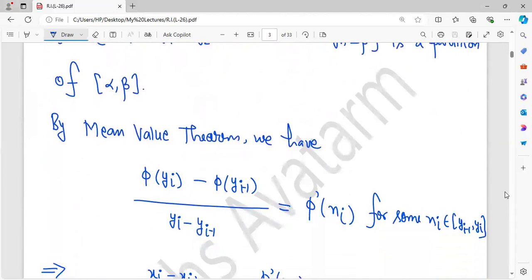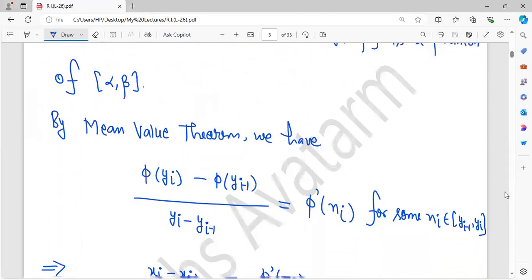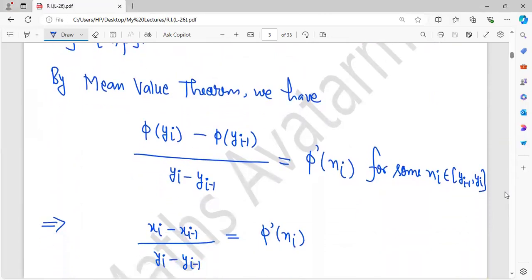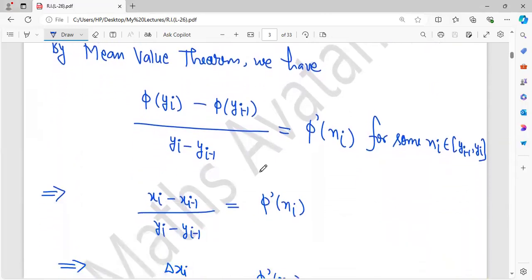We are applying the mean value theorem on the closed subinterval [y_{i-1}, y_i]: (phi(y_i) minus phi(y_{i-1})) upon (y_i minus y_{i-1}). So there will be some eta_i, by the mean value theorem, that is equal to the derivative of phi at eta_i.